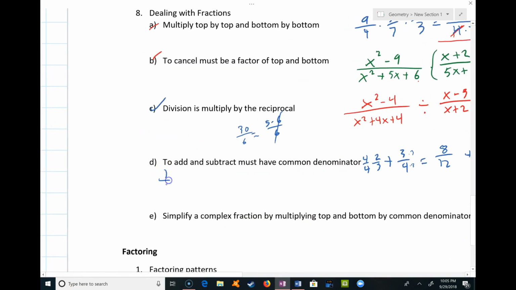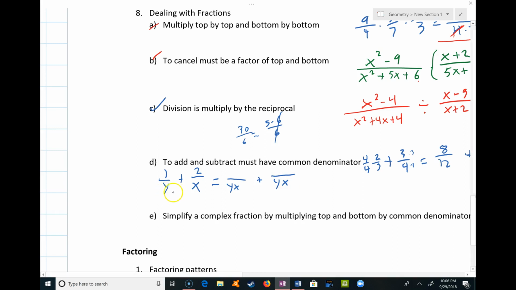If I have 1 over y plus 2 over x and I want to add those together, I have to get a common denominator first, which in this case would be yx. Same thing I did up there.